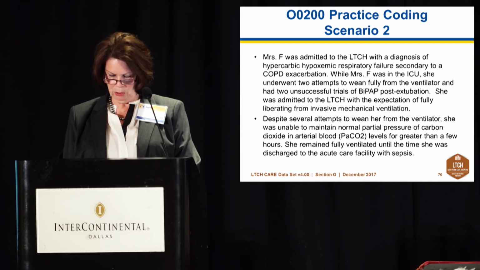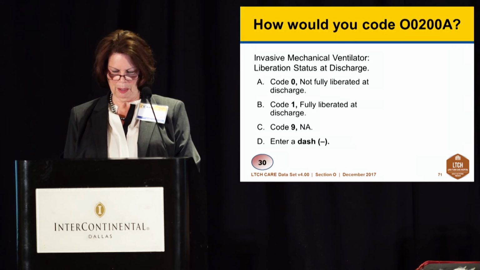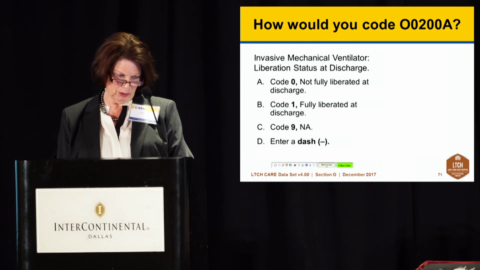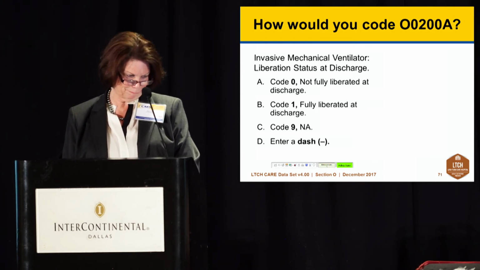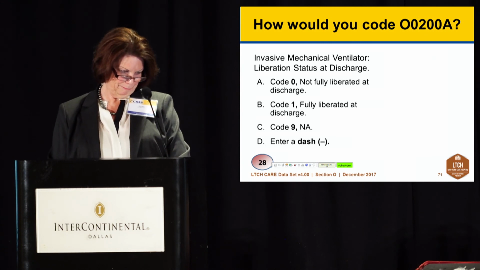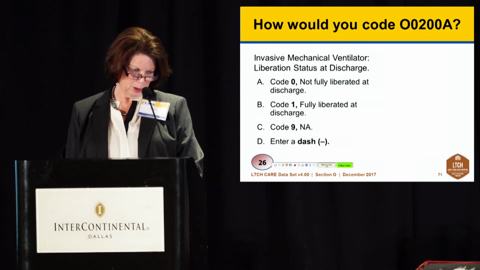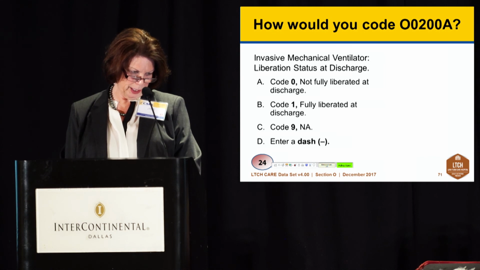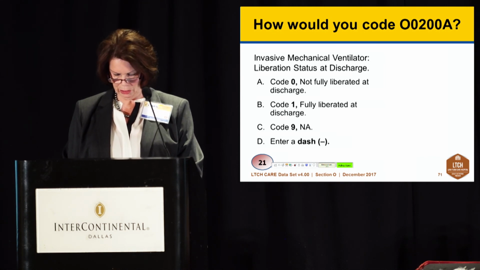Despite several attempts to wean her from the ventilator, she was unable to maintain normal partial pressure of carbon dioxide in arterial blood, in other words, her PaCO2, levels for greater than a few hours. She remained fully ventilated until the time she was discharged to the acute care facility with sepsis. How would you code O0200A? And you have the options of not fully liberated, non-applicable, or a dash.